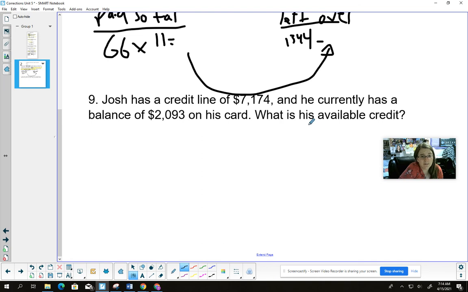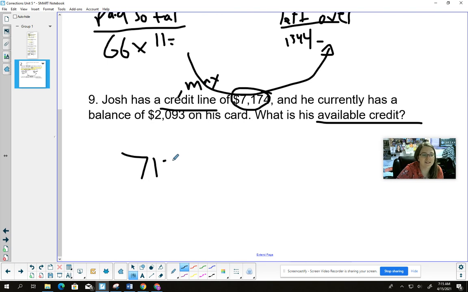Number 9. Okay, number 9 was just vocab, guys. Available credit. This question was so easy. All you had to do was subtract. Literally, that's it. The definition of available credit is how much more you could put on the credit card if you wanted to. Your credit line, that's more vocab you needed to know. That's your maximum. Now, it's rand 7174, a very random number.